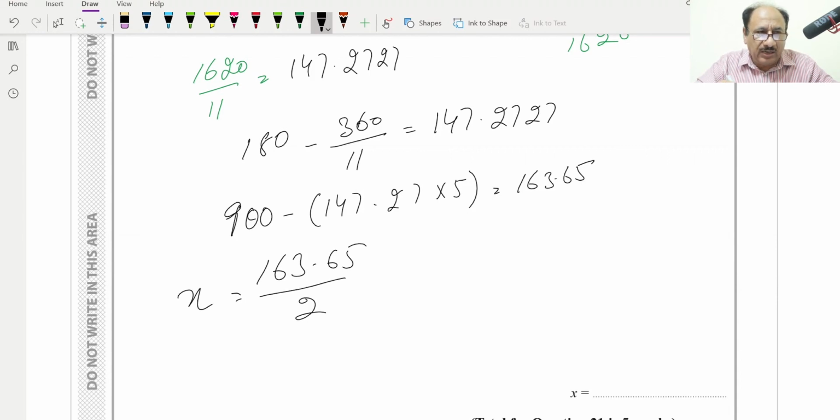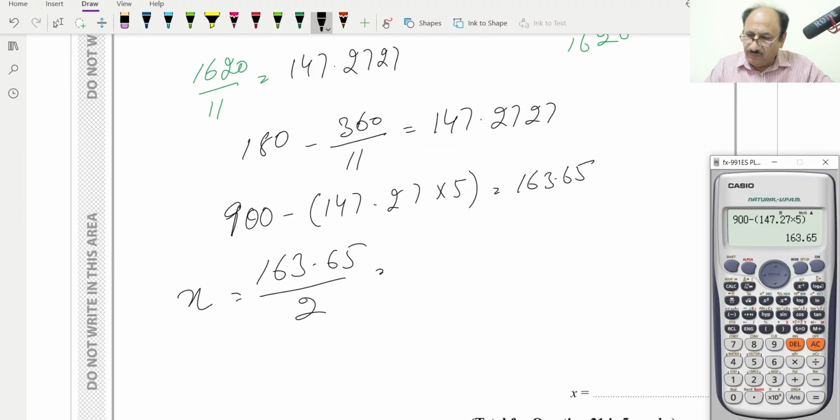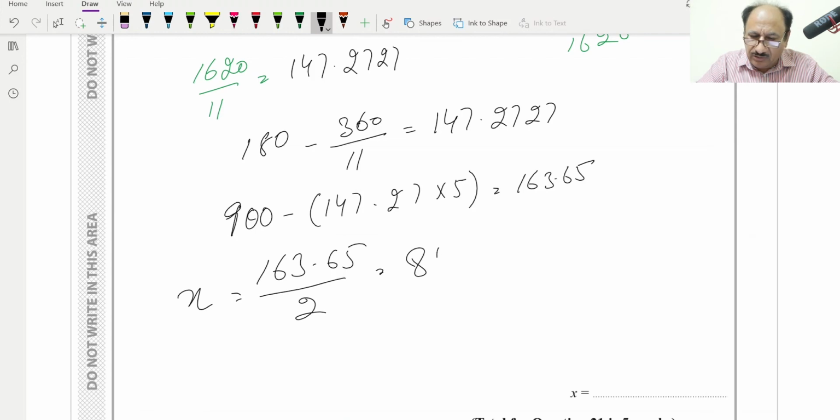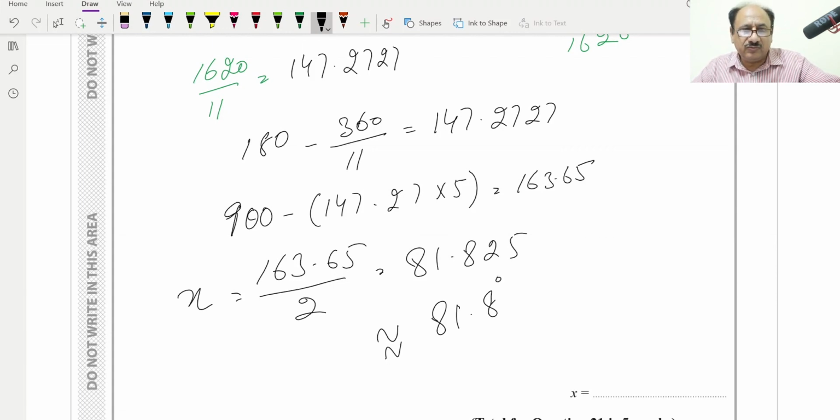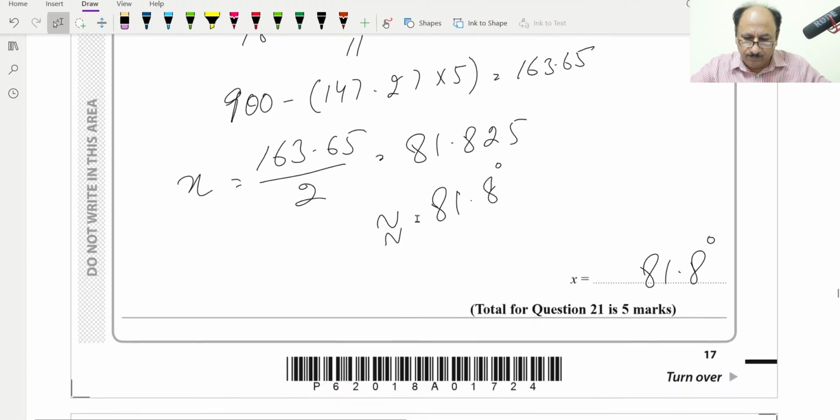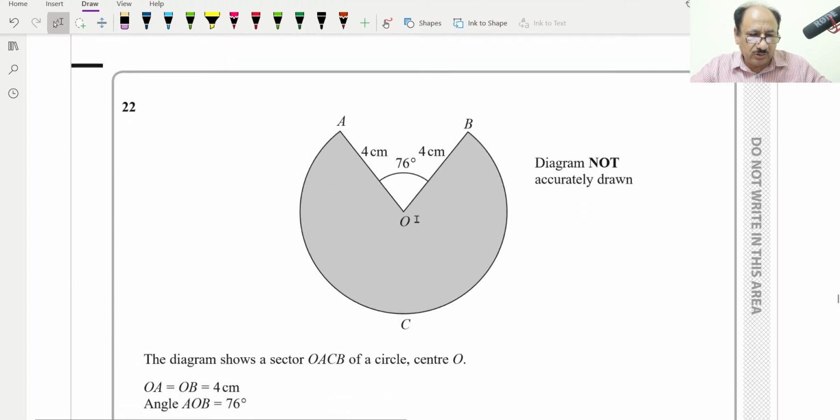This will be angle x, and dividing by 2 we get 81.825, approximately equal to 81.8 degrees, and this will be our x value, 81.8 degrees. Hopefully you understood this question as well. Now we can move to question 22.